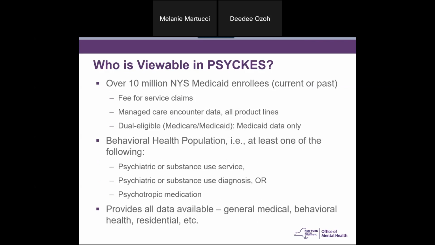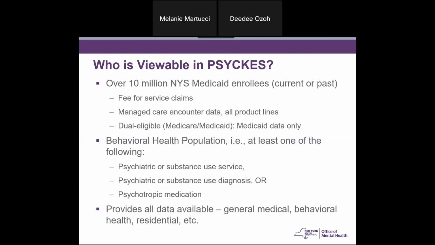Who is viewable in PSYCKES? So the data in PSYCKES comes to us at the New York State Office of Mental Health from the New York State Department of Health's Medicaid data feed. And currently we have over 10 million individuals within PSYCKES. And individual recipients that are in the application are New York State Medicaid enrollees with fee-for-service claims or managed care encounter claims, as well as Medicaid reimbursed services for those who are dual eligible Medicaid and Medicare clients.